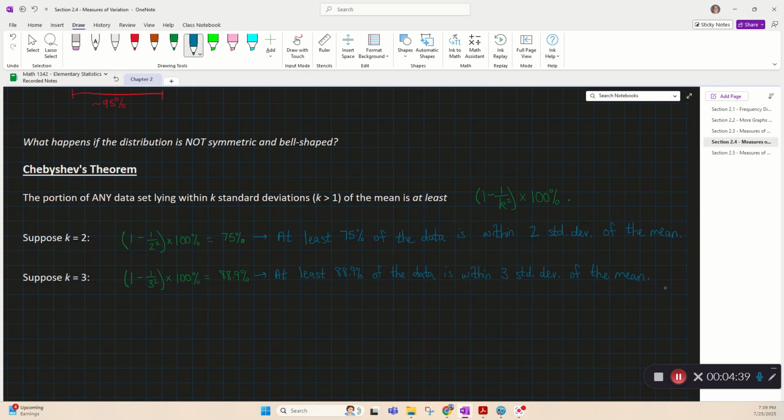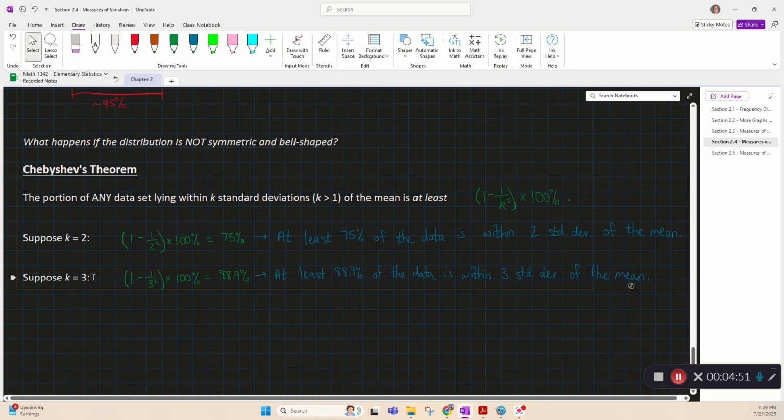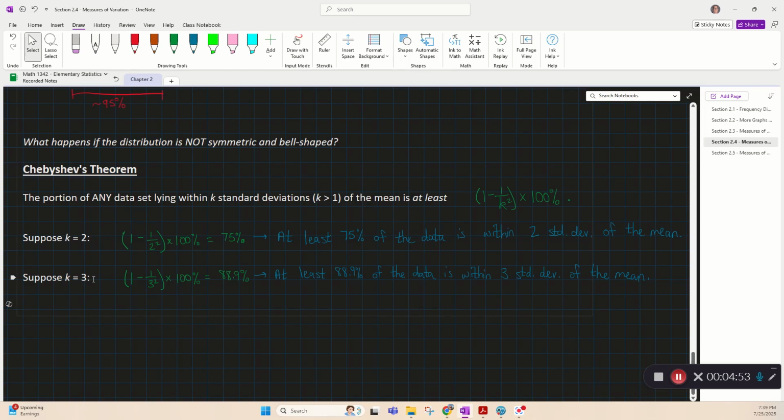At least 88.9% of the data will be within 3 standard deviations of the mean. That's what Chebyshev's theorem guarantees. So let's look at an example, like an actual example. Example number 4.